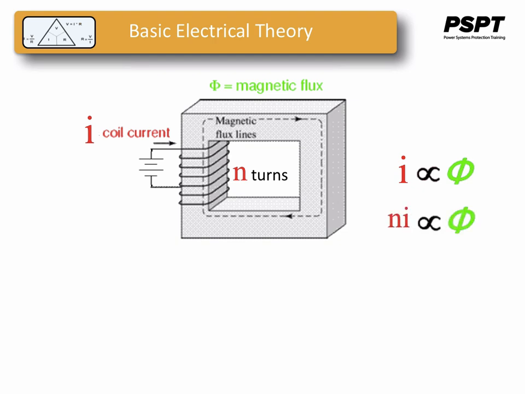The magnitude of the magnetic flux will also depend on the number of turns of the coil. As I said, the magnitude of magnetic flux will also depend on the material through which the flux will travel. If an iron core is substituted for an air core in a given coil, the magnitude of magnetic field is greatly increased.